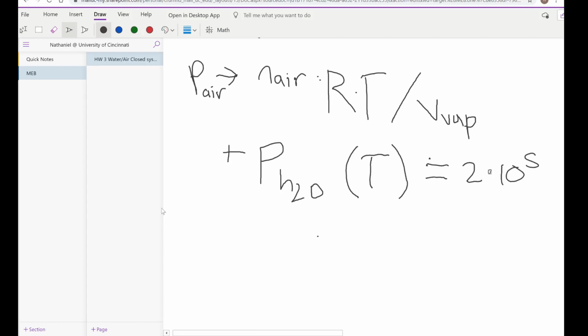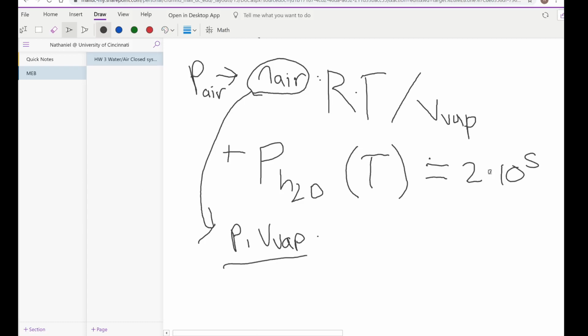So, on the contrary to that, we know that our moles of air, from the PV equals nRT equation, is equal to the initial pressure times the volume in the vapor phase divided by R times the initial temperature.